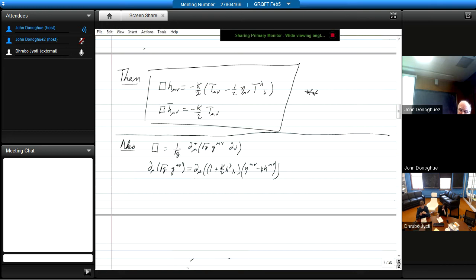The derivative acting on these guys, well, there's a piece that looks like minus kappa d mu h mu nu acting on that piece there. And then since I pulled a minus kappa out, it's a half d nu acting on h lambda lambda.